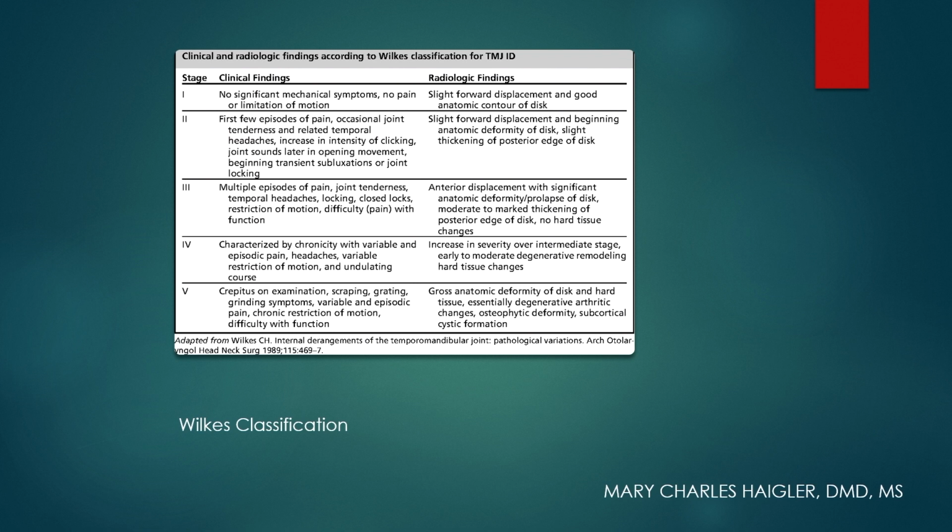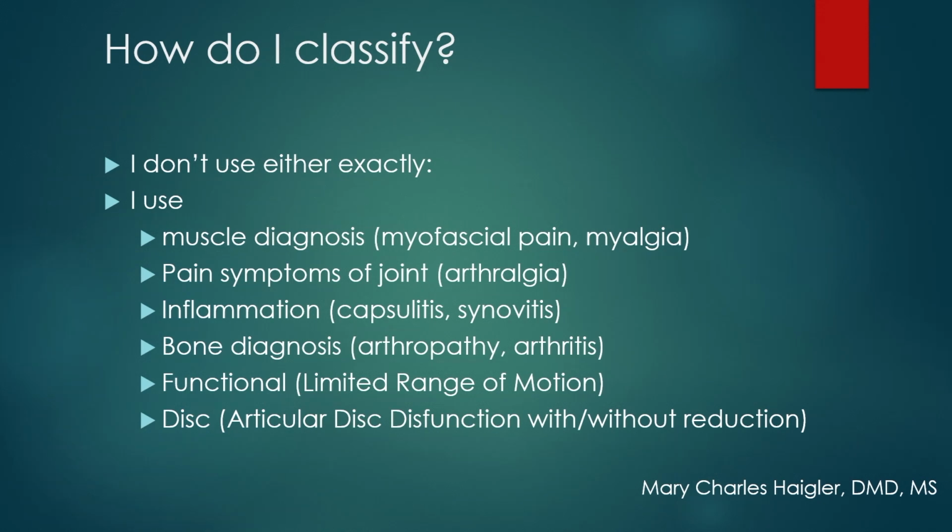Does that make sense? So I don't really use either exactly. I break things down into what's the muscle problem, is there pain, is there inflammation, what's the bone diagnosis, and I'm going to get into that a little bit more, like is it arthritis, is it arthropathy, what's their functionality, can they move well, and then what's the disc doing. So I just break it all down into all the pieces.